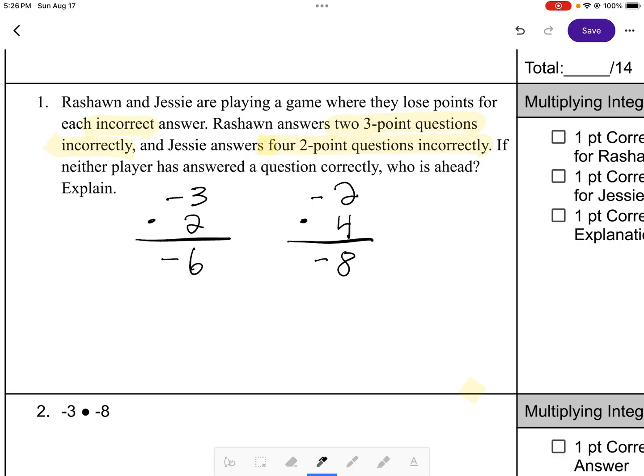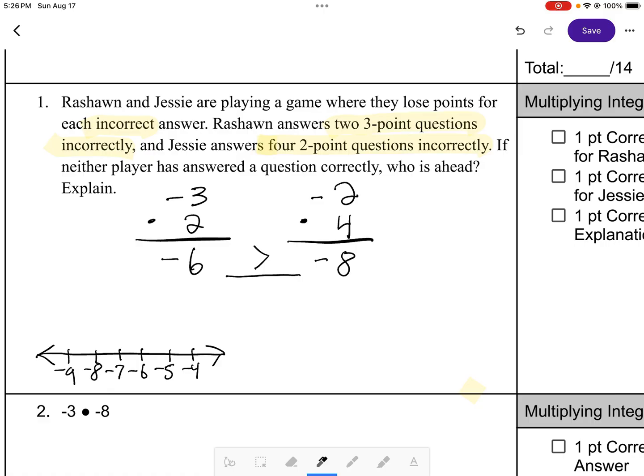And we need to figure out which of these numbers is bigger, or who is ahead. So -6 is actually bigger than -8. If you picture a number line, we have -4, -5, -6, -7, -8, -9.